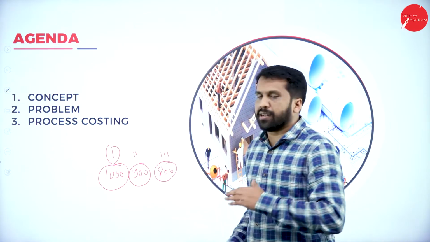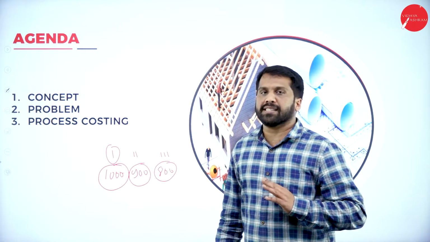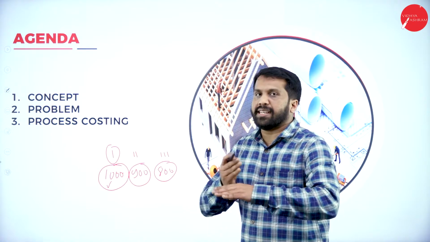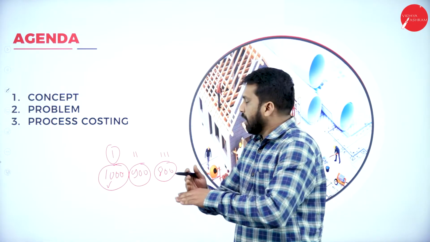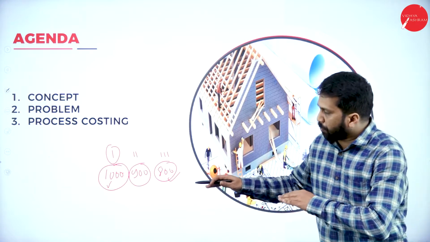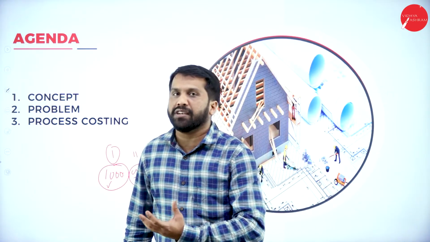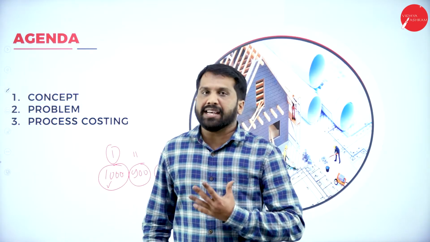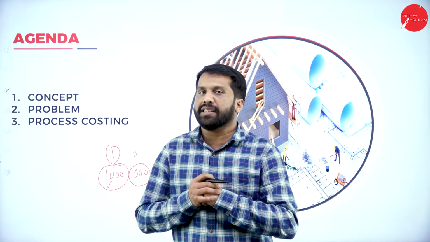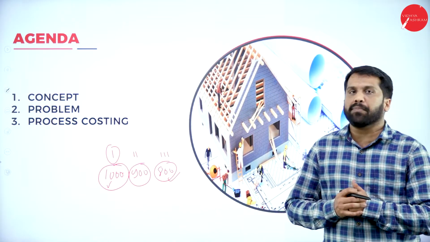Normally you will not get 800; you will get around 10% of whatever your input is. Just for the example, 1000 of sugar cane, each process converting it, and finally you got 800. Now, in each process, there may be loss or damage of units. I'll explain what is normal loss and what is abnormal loss.